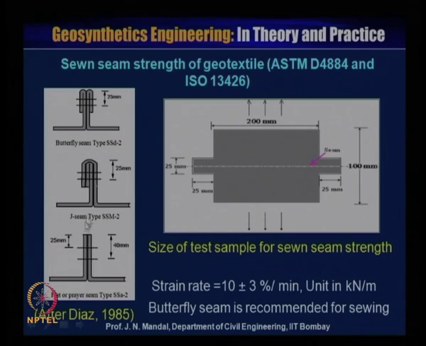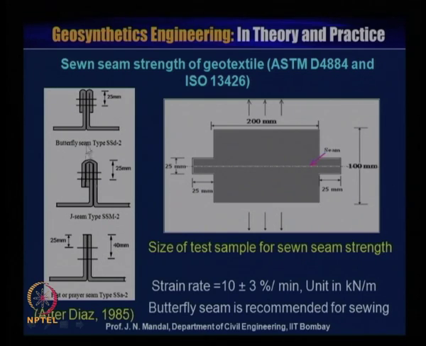And this is the J seam, it looks like a J. This is one geotextile material and this is another geotextile material, and then you attach them here. So this is called the J seam type joint, and this one is the flat or pair seam. This is one geotextile material, this is another, and then you stitch with two layers of stitching at a particular spacing, 25 to 40 millimeter or so.